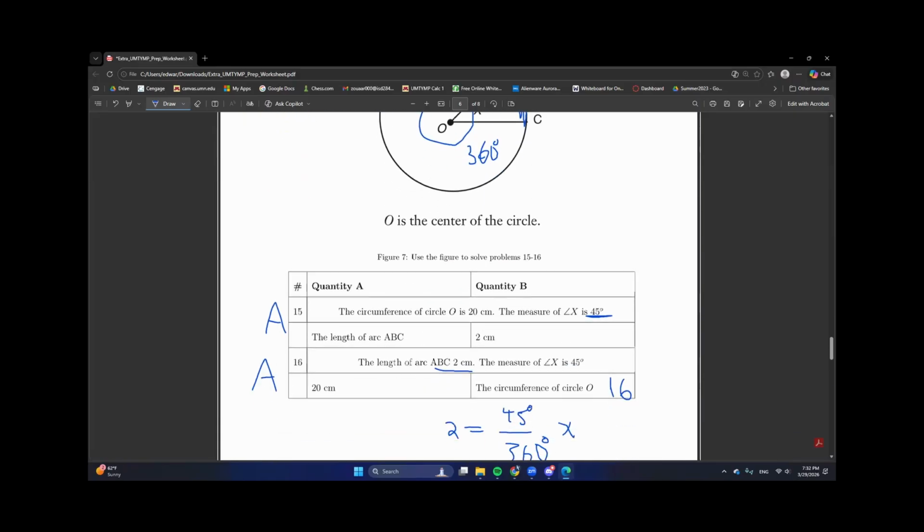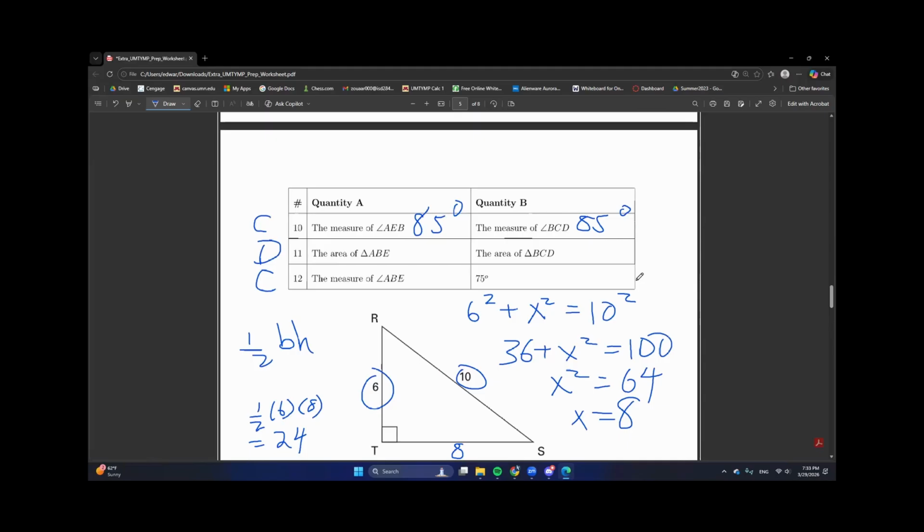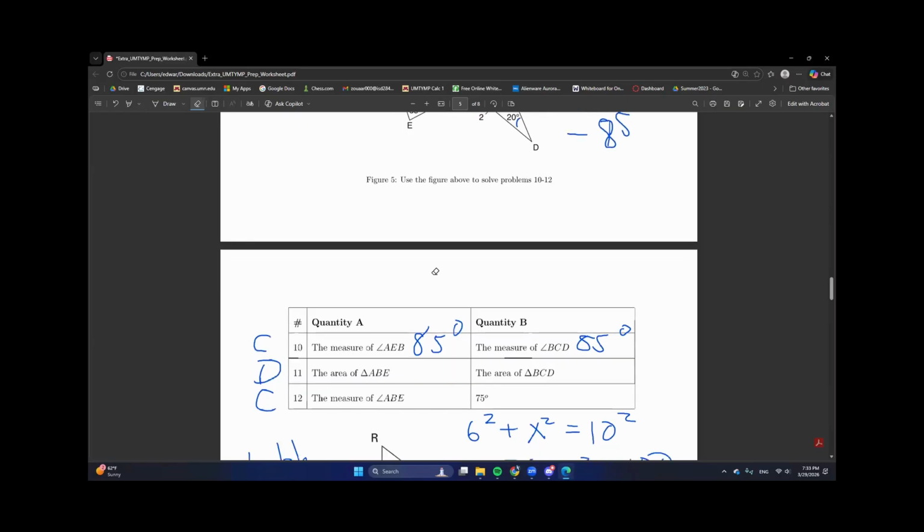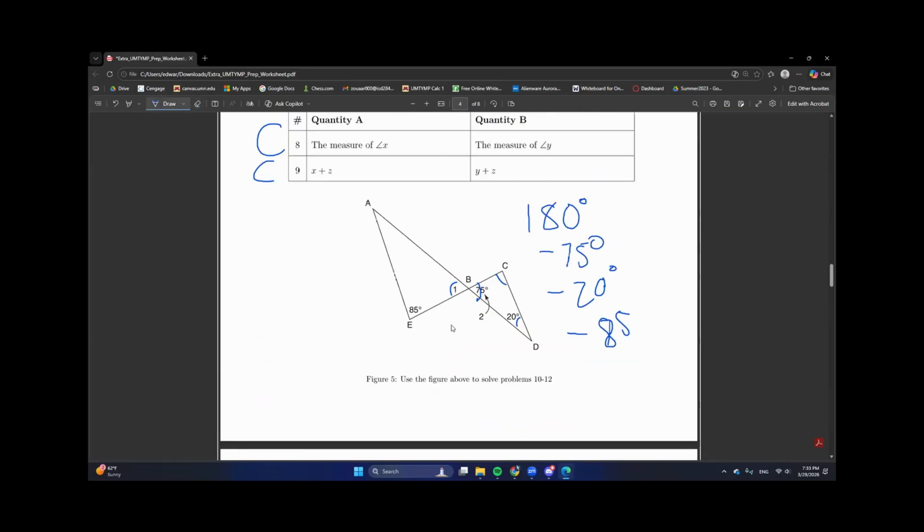All right. Now, someone asked me to go over question 12. So the measure of ABE is this angle right here. I'm just going to circle it. That's a lot of circling, but it's this angle right here.